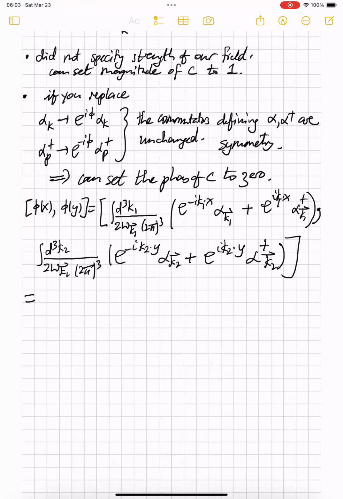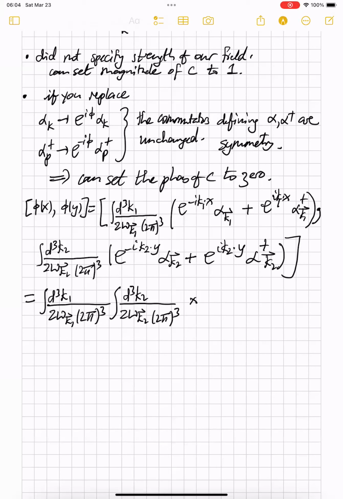So the first thing that we can do is pull out the 2 integration measures. So we've got an integral d3 k1 over 2 omega k1, 2 pi cubed, and then an integral d3 k2 over 2 omega k2, 2 pi cubed. So those are the two integration measures.